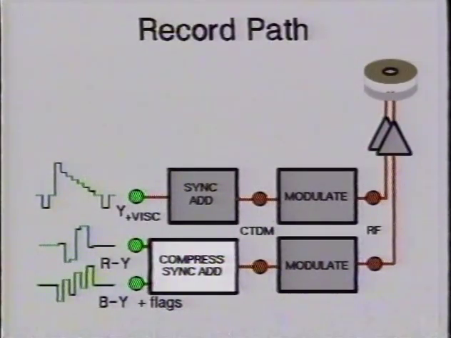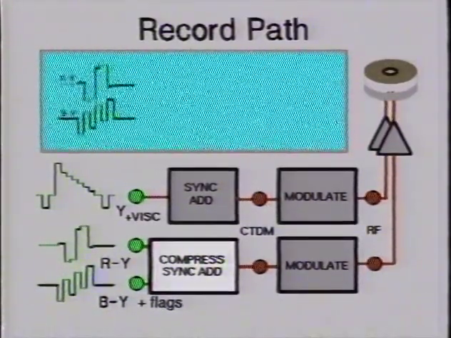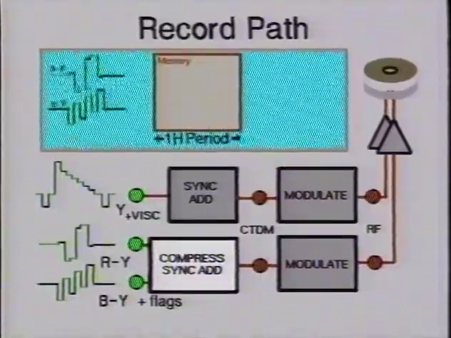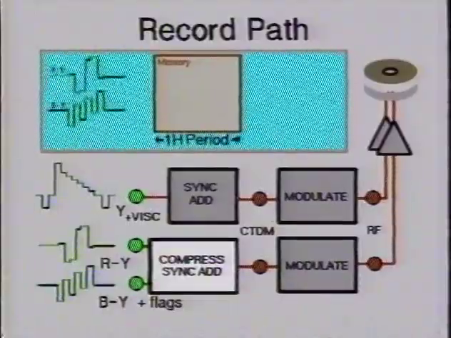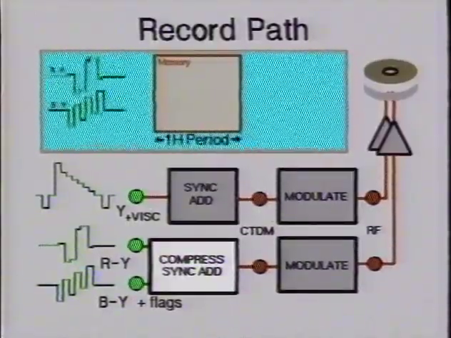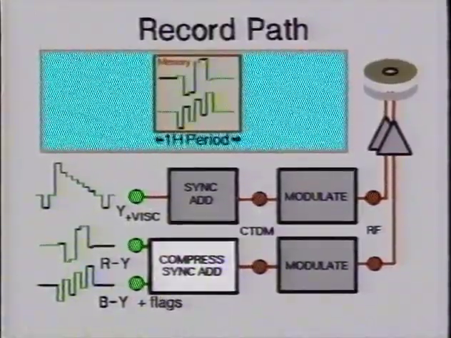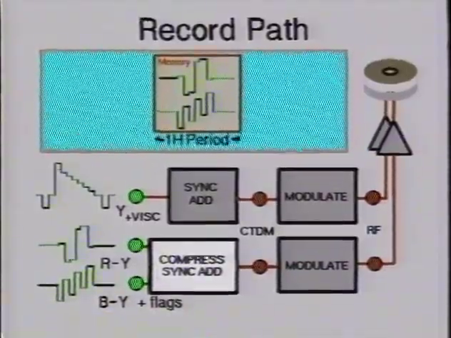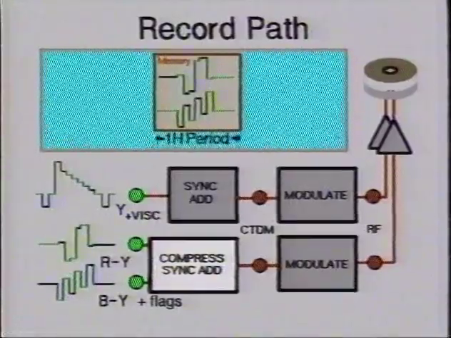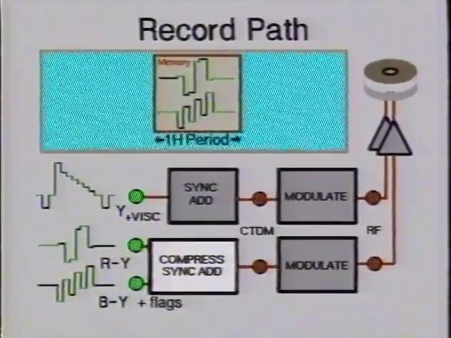The chroma is now compressed. The compression process takes one horizontal line to process the signals. It happens like this. During a normal line period, the R-Y and B-Y signals are stored. And then during the next line period, clocked out in turn at twice the input rate.